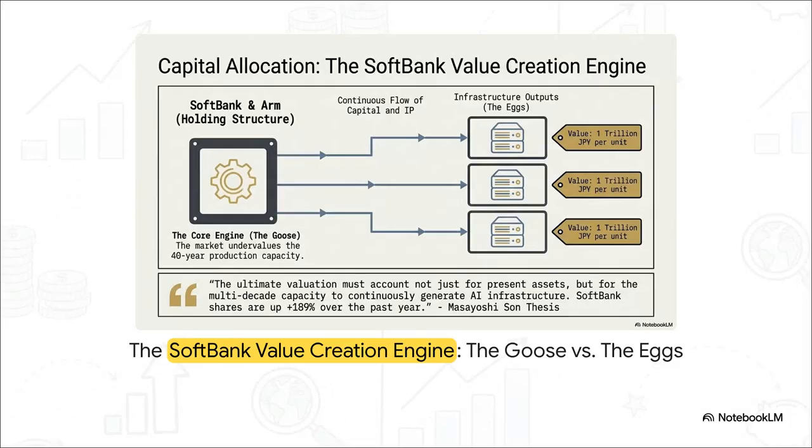Now, what's really interesting is how massive capital allocators like SoftBank are playing this boom. They've essentially structured themselves as a pure value creation engine. Think of SoftBank and ARM as the goose in this scenario. This goose just continuously pumps out these massive infrastructure eggs, and each of those is valued at roughly 1 trillion Japanese yen.